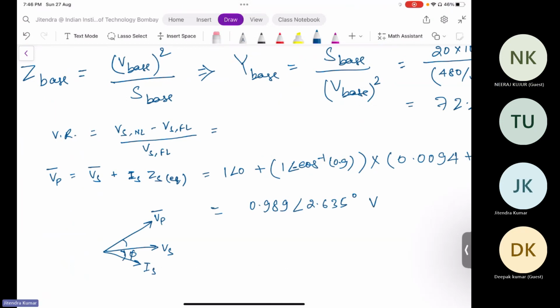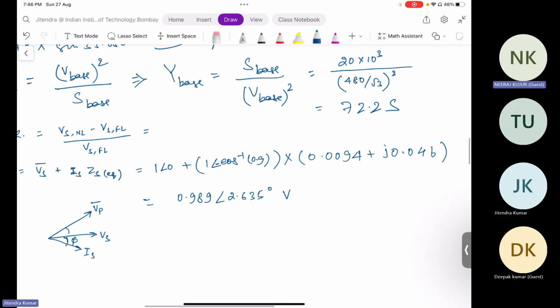It should not come in negative. Sorry, sir, I think I have missed the sign. It is a lagging power factor, no, sir? Okay, it happens, do not worry. But when it is coming in negative, be cautious that you might have made some mistake. This is another way to identify your silly mistakes, and then you can avoid them.